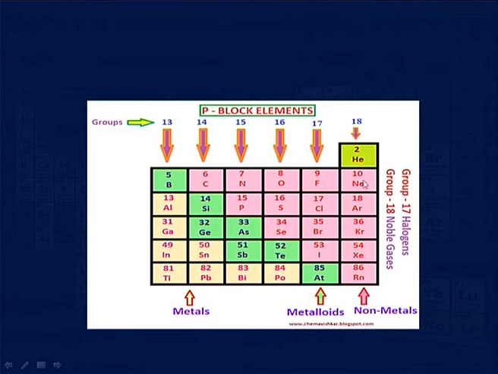The remaining part, in pink color, is the group of the non-metals: carbon, nitrogen, phosphorus, oxygen, sulfur, selenium, then fluorine, chlorine, bromine and iodine, the elements which are called the halogens.